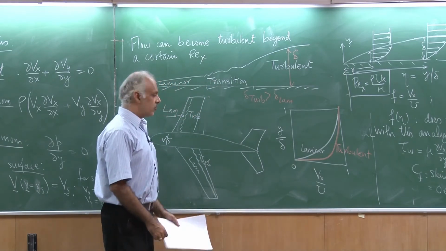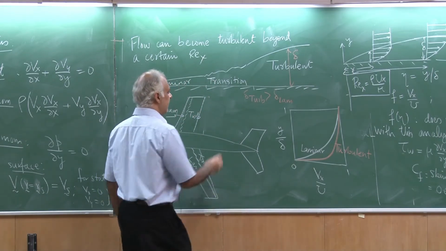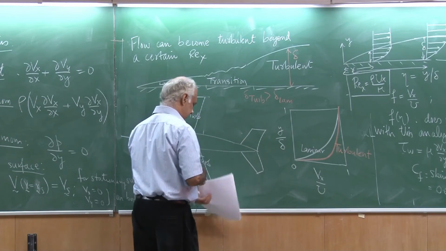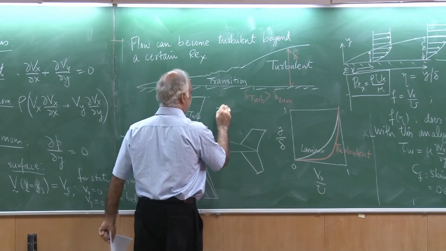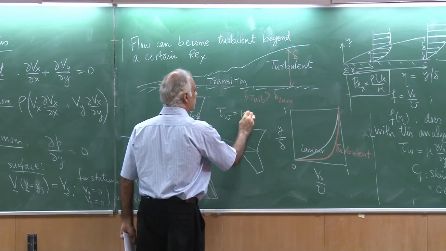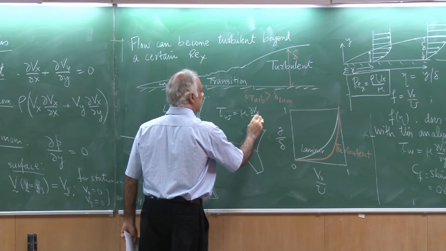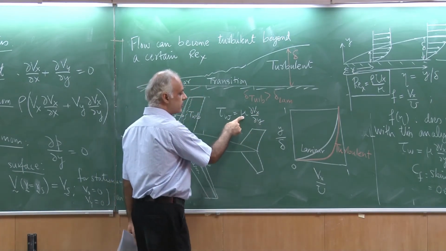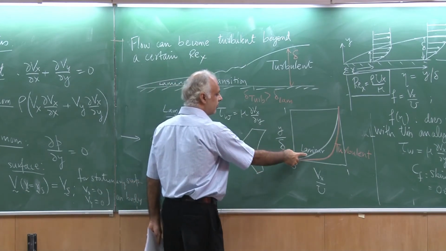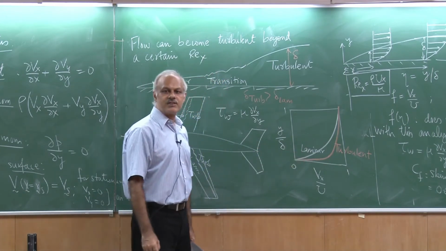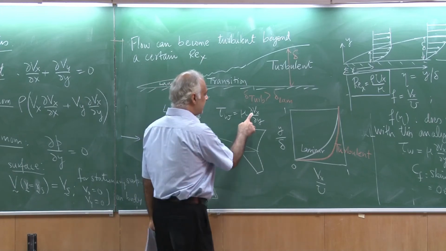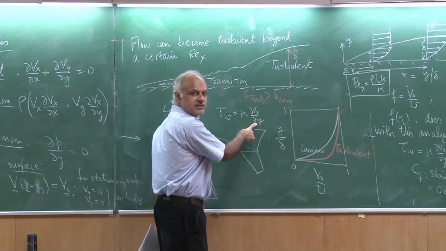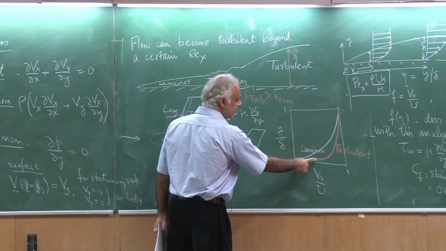Okay. So right away you can see that if I looked at the skin friction, which is mu del Vx by del y, then mu of course is the same whether the flow is laminar or turbulent, that is the viscosity of the fluid. But the del Vx by del y, the velocity gradient, is much larger for the turbulent flow.